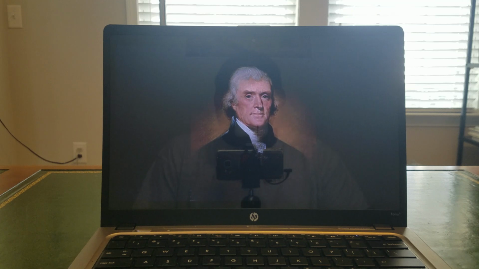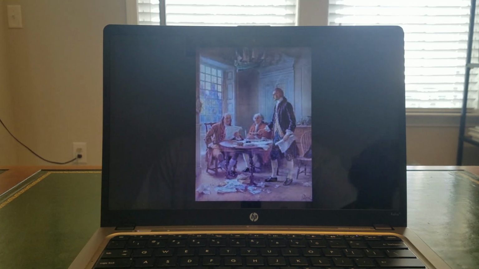He served as the third president of the United States from 1801 until 1809. Among the Committee of Five charged by the Second Continental Congress with drafting the Declaration of Independence, Jefferson was the primary author of that document.